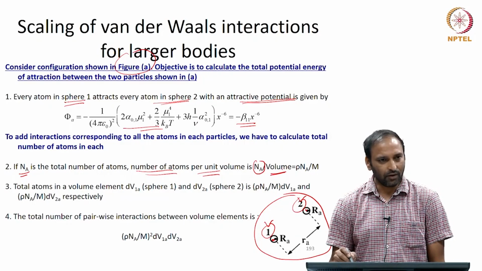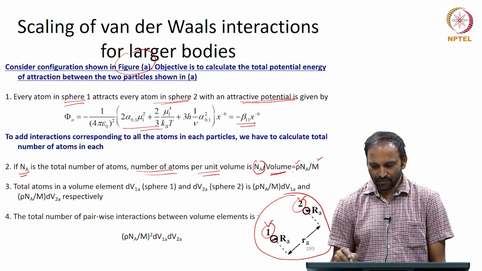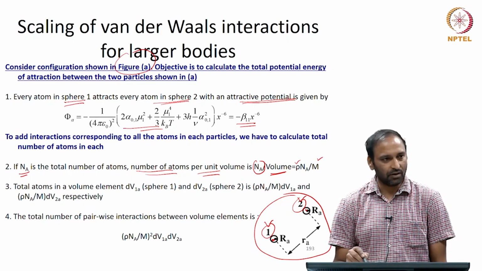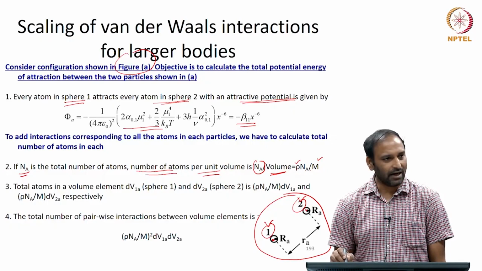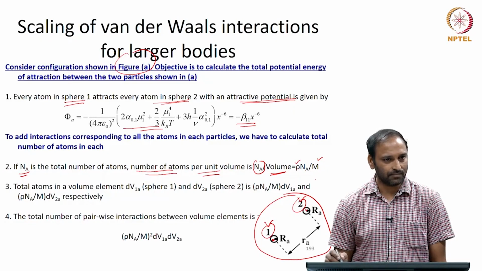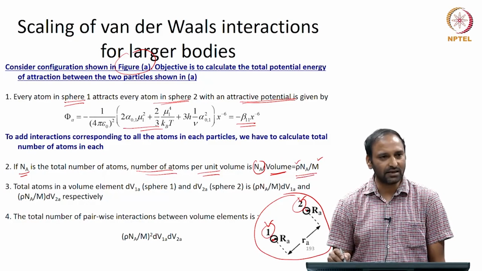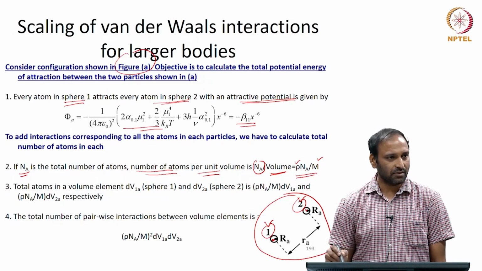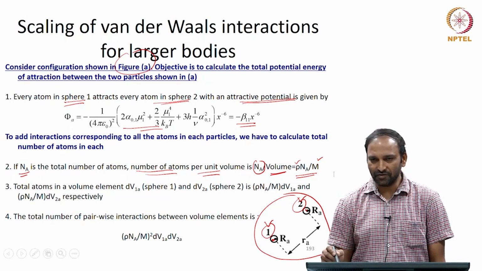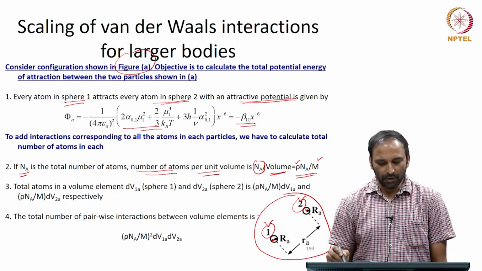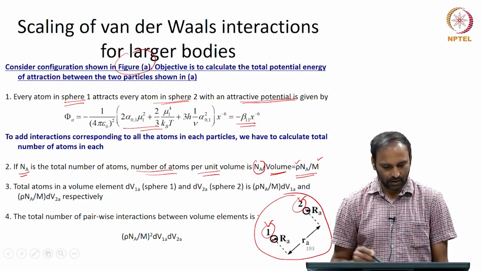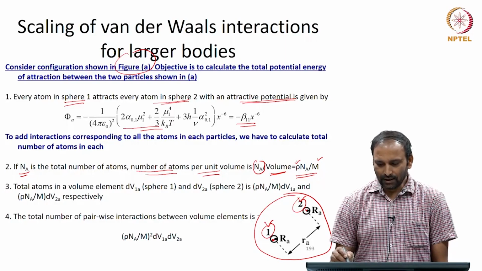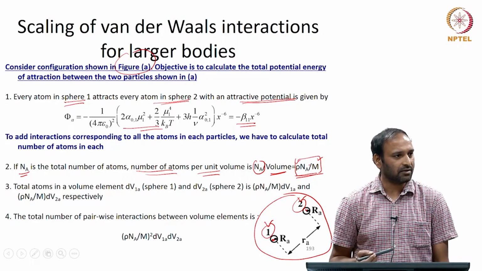I can relate volume to the density and the mass. Therefore, the number of atoms per unit volume is given by rho N A divided by m. N A, the total number of atoms, divided by the volume of the particle will give you the number of atoms per unit volume, and that number is going to be the same for both the particles.